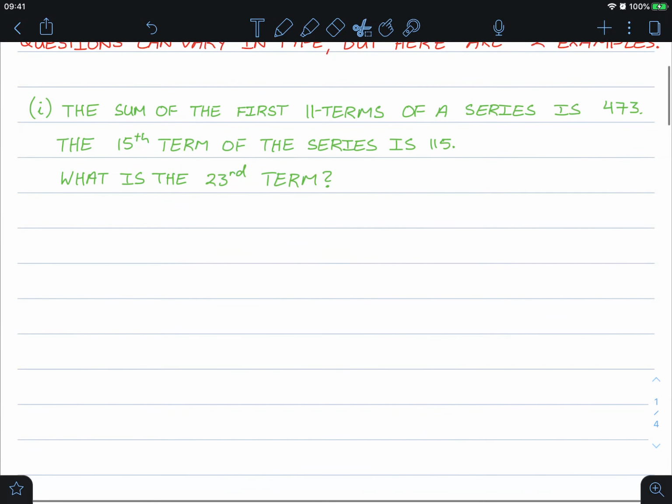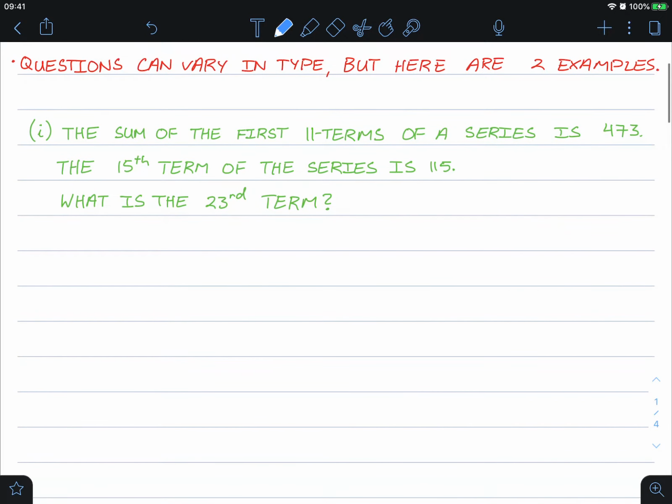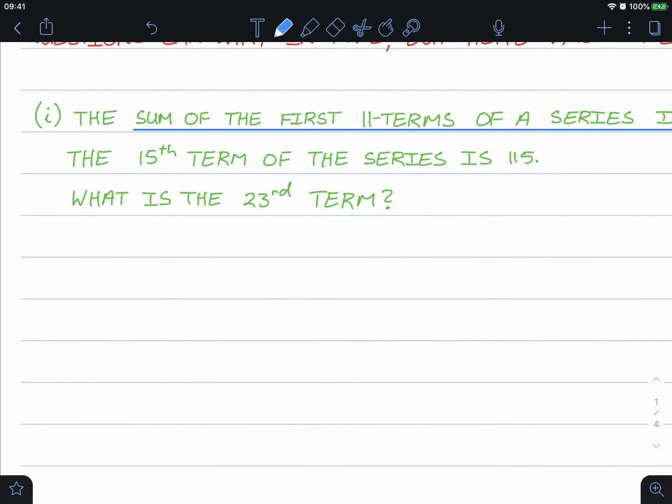So here we go. First thing I notice, it says that the sum of the first 11 terms of a series is 473. I remember that the sum of an arithmetic series, S of n, is equal to n over 2 times (2a plus d(n minus 1)).